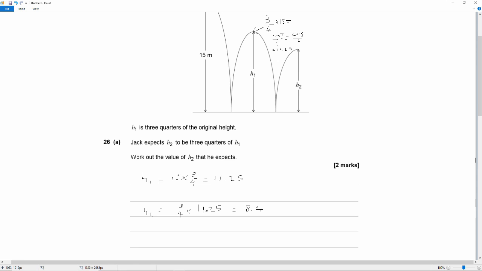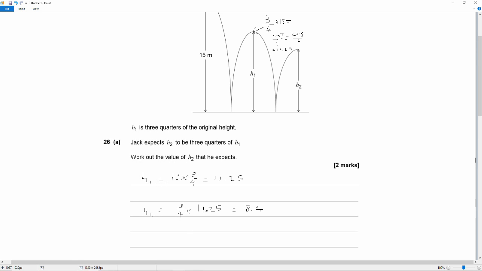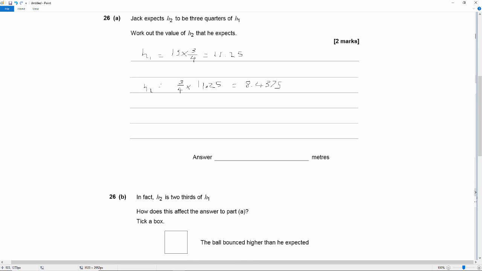Let me just try and remember. 8.4375. Okay, so that's the answer that we're looking for. 8.4375 meters. I should really round, but I'm not going to bother.